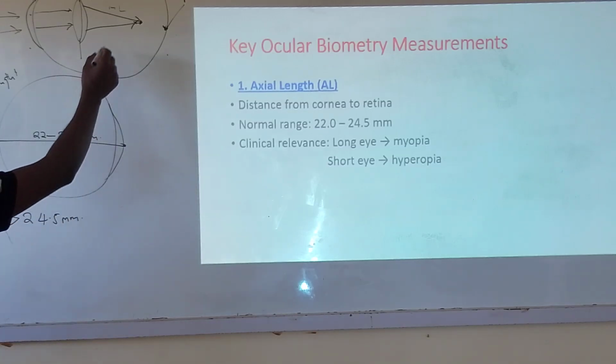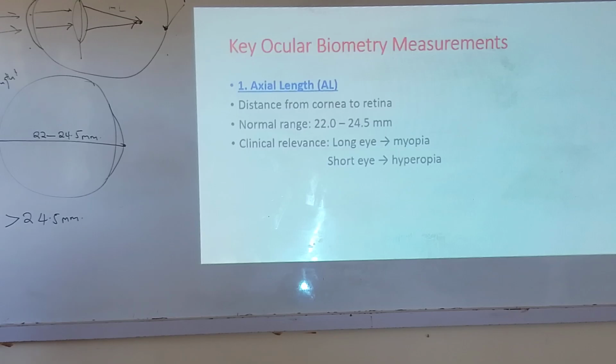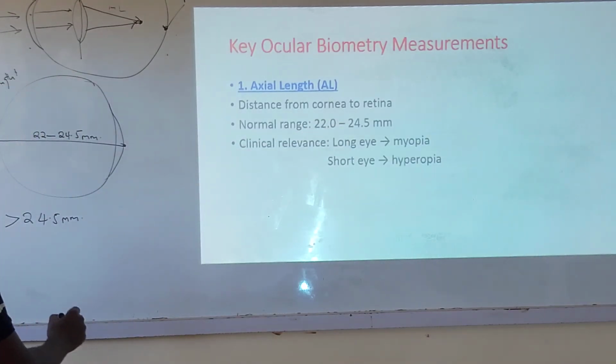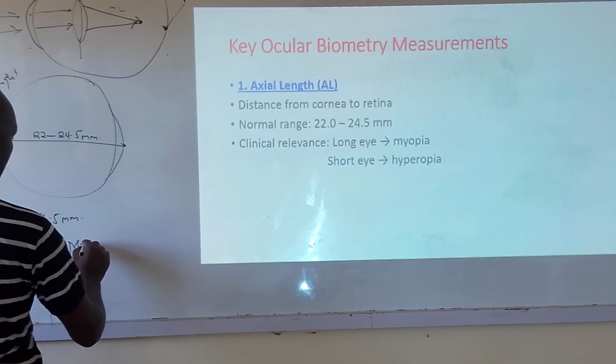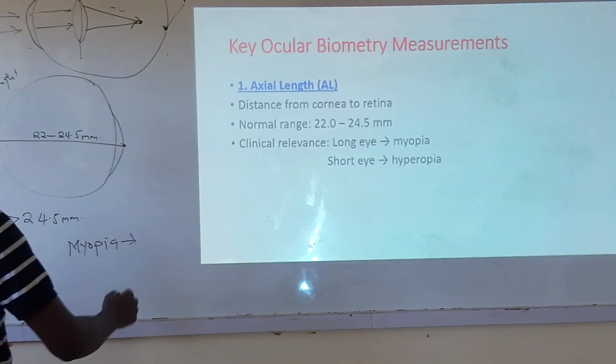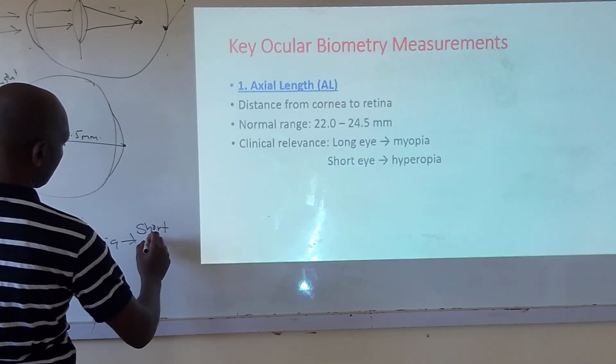So what is the effect of this light focusing here instead of the retina? You will have this condition called myopia. And myopia is also known as short-sightedness.